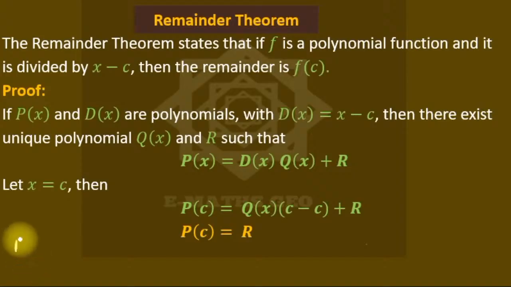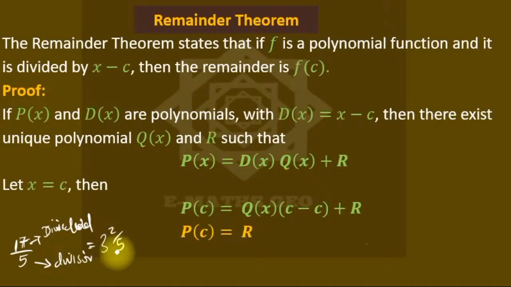This is just to tell us, whenever you're asked to divide something, let me use an example. If you have 17 divided by 5, this 17 is the dividend, while 5 is the divisor. So if p of x is the dividend and d of x is the divisor, we know if you divide this, we have 3 whole number 2 over 5.